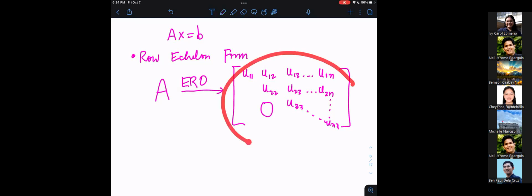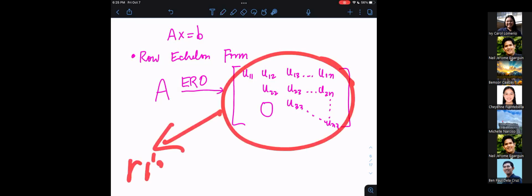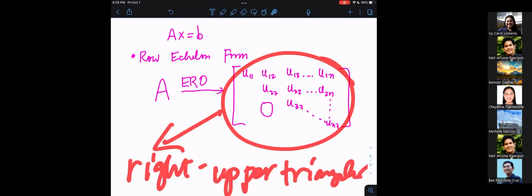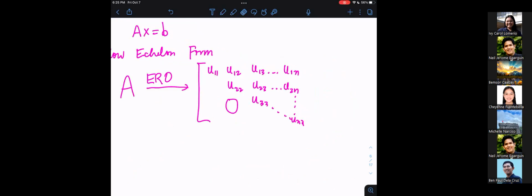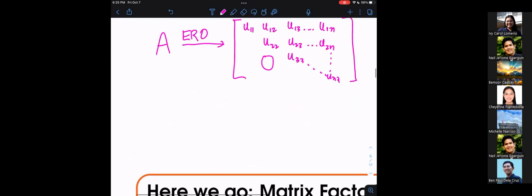So this is what we call a right upper triangular matrix, or for brevity, just upper triangular matrix. It is an upper triangular matrix because only the upper triangle may have non-zero entries, right? And then I also want to include here performing the same elementary row operations on the augmented matrix AB so that I can solve the linear system. So basically, I consider the augmented matrix AB and apply elementary row operations to it.